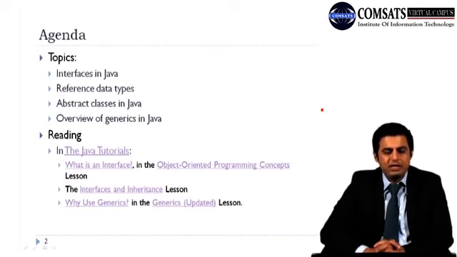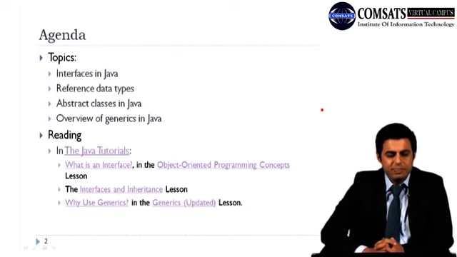And the reading also includes what is an interface. Now I will also recommend, if you are consulting a book, there is always a lot of material about interfaces in every book. But you can go online and there are so many tutorials available. You can even check Wikipedia for interfaces and Java concepts.